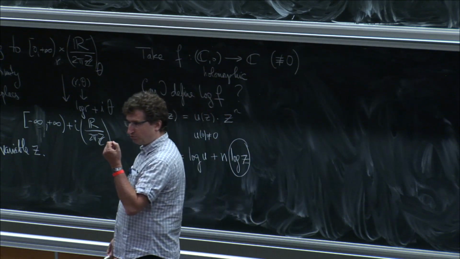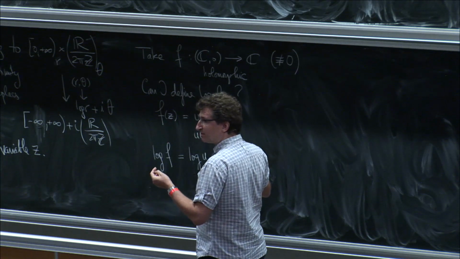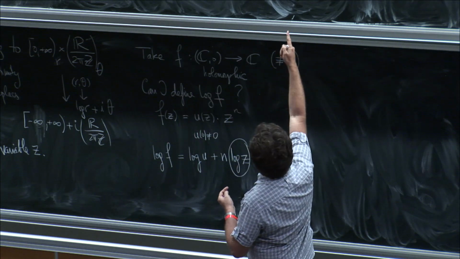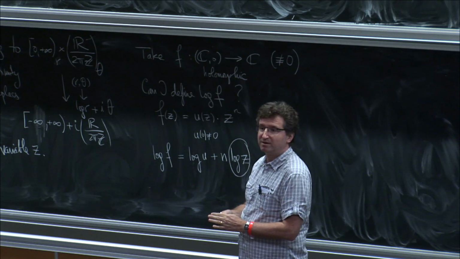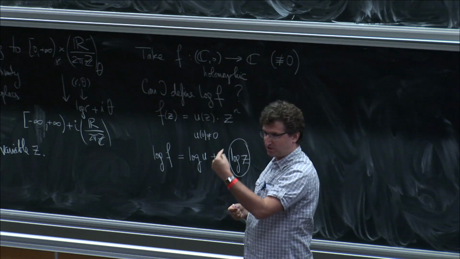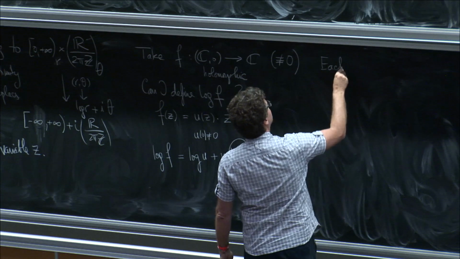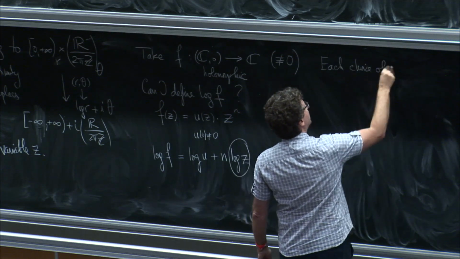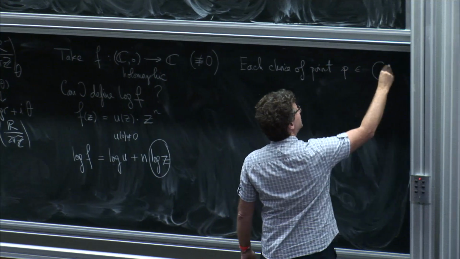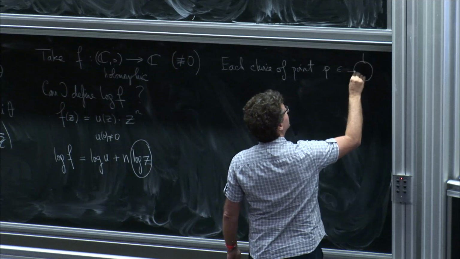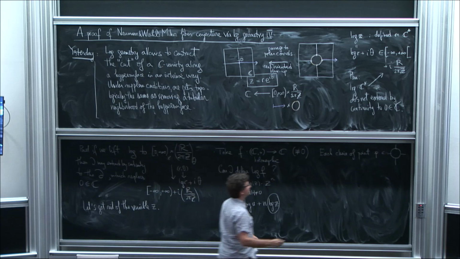But now you know that in order to be able to define the value of log z, you have to go above there. And there, the value of the logarithm at the origin is not unique. You have, in fact, many points which give a value of it. So let's look. Each choice of point P in this circle here. I will put a color so that you see where P varies.